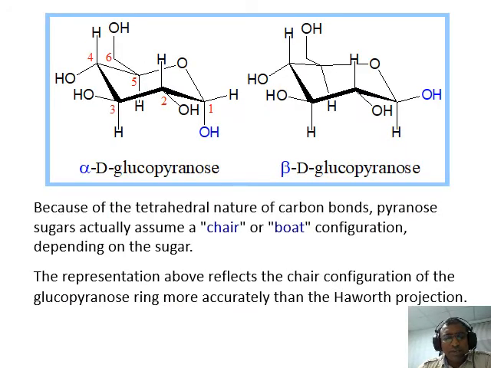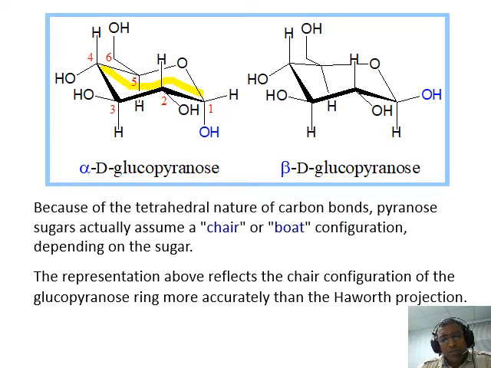This slide basically describes the chair or boat configuration, although here if you look at it, you should be able to see a kind of chair projection, not a common chair, a chair found near the pitch side.